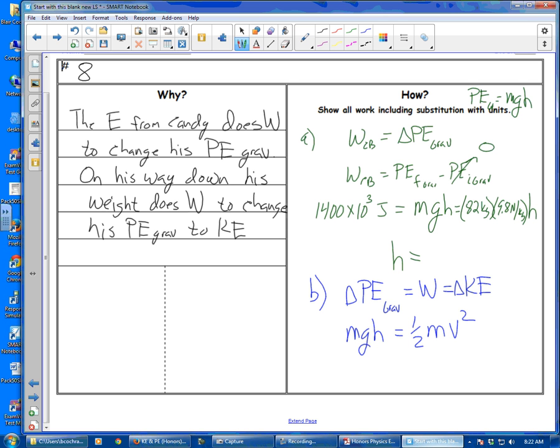Anything cancel out there? The m's. So does it matter how much mass something has when it falls? No. There's another proof of what we saw for a long time. So now it's just substitution. You know g, you know h because you solved for it right above.